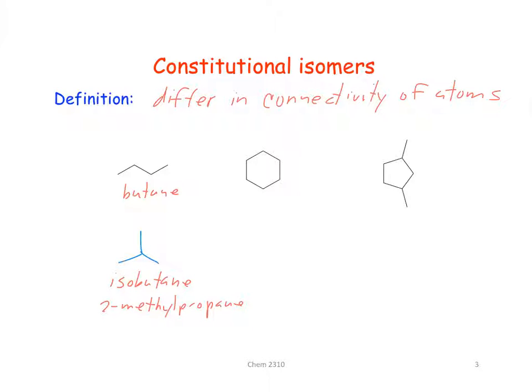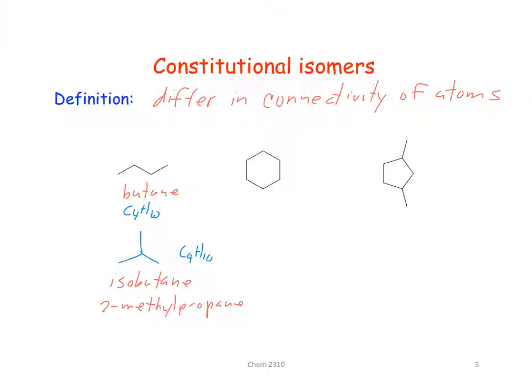What are the formulas here? This is C4H10, right? We have 2N plus 2 hydrogens. Isobutane is also C4H10. These molecules have the same formula but a different connectivity of atoms, so they're constitutional isomers.